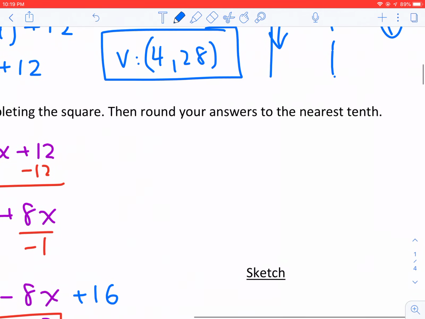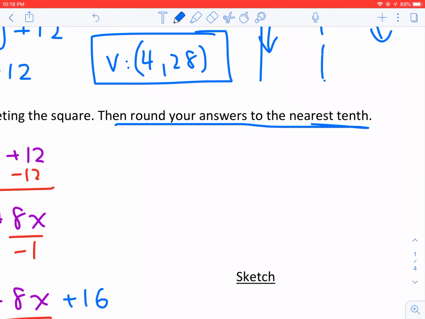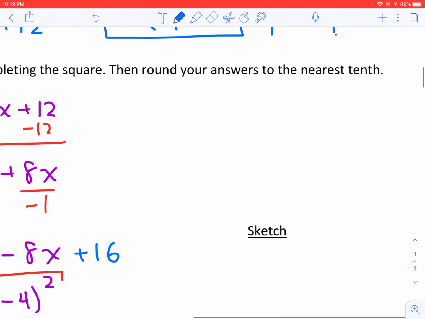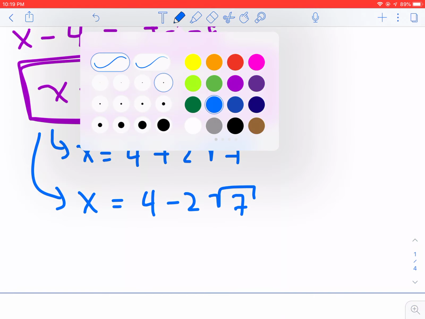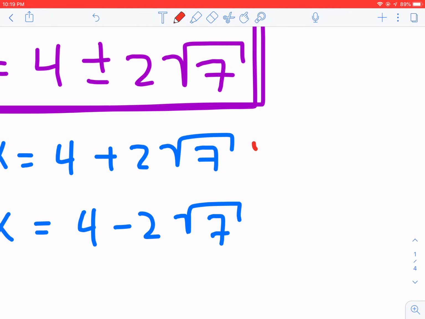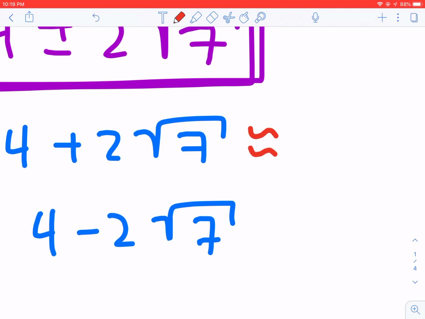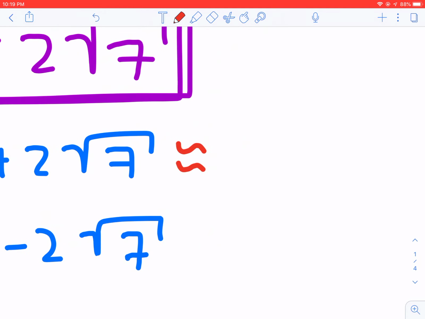And then it said, also round your answers to the nearest tenth after. So what is 4 plus 2 radical 7 equal to? Well, we can type this into our calculator. The square root button is next to the number 4, so 4 plus 2 square root of 7 is 9.2915, which is about 9.3.